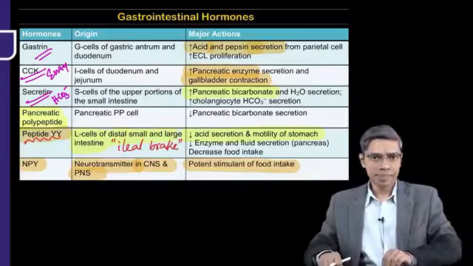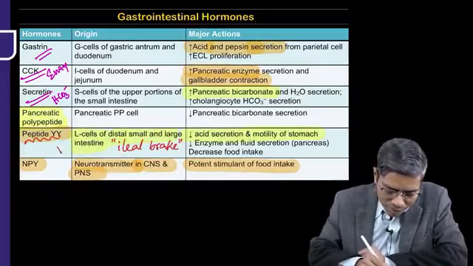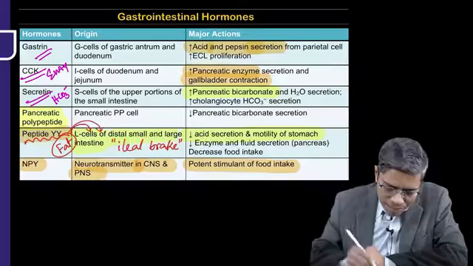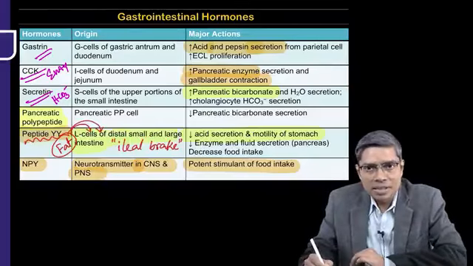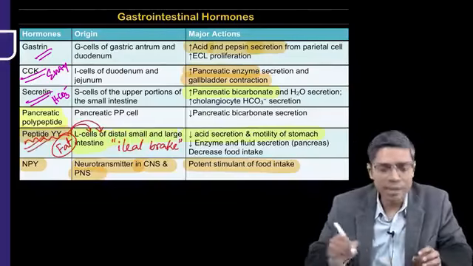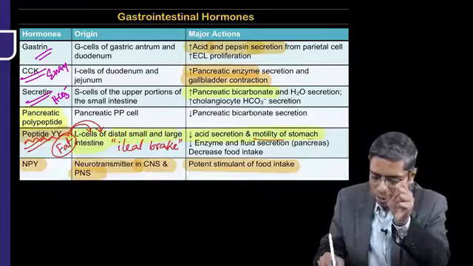What is the meaning of that? Whenever fat-containing food reaches the L cell of the distal small intestine, it releases peptide YY, and peptide YY causes inhibition of the motility of the stomach.